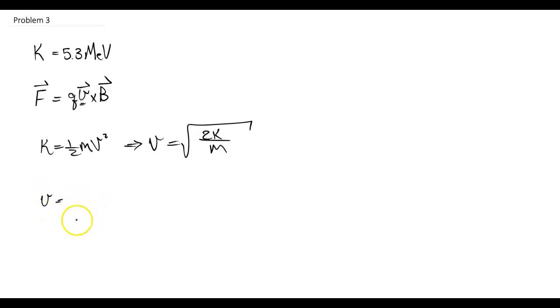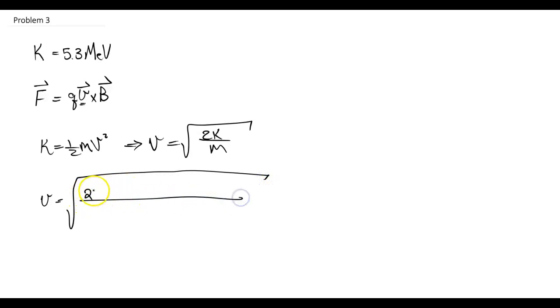So V equals square root of 2 times 5.3 mega electron volt times 1.60 times 10 to the negative 13 joules for every mega electron volt divided by the mass.